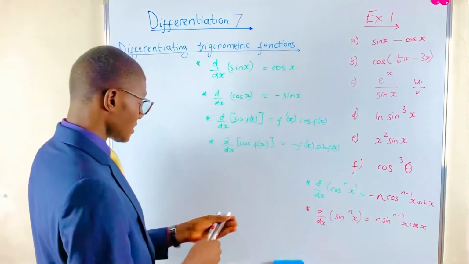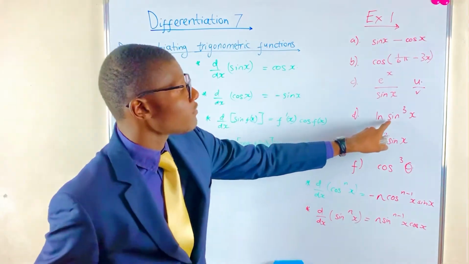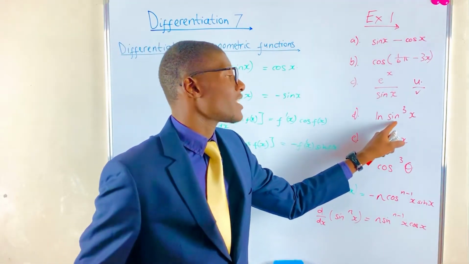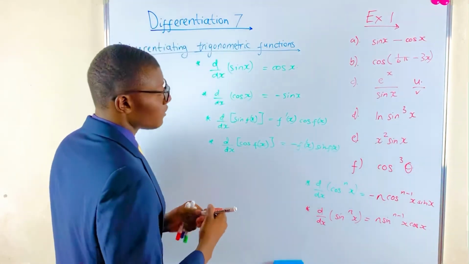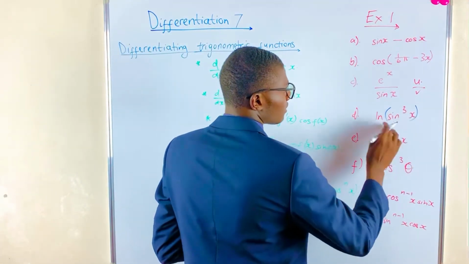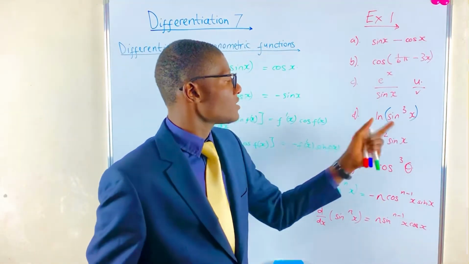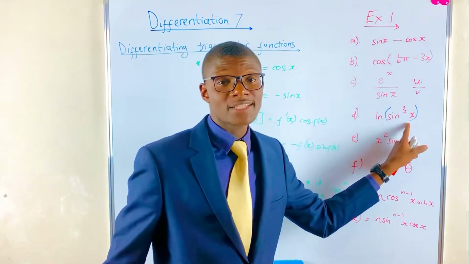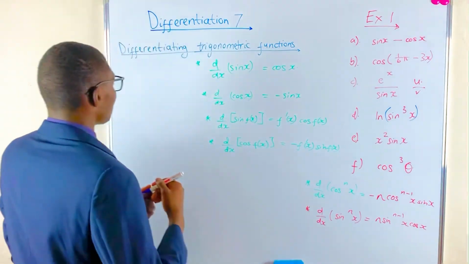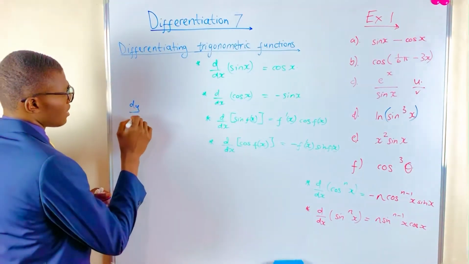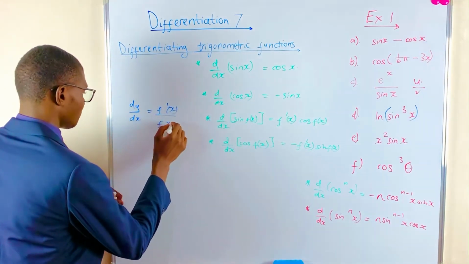So now looking at example D. We want to differentiate ln of sine to the power of 3 of x. This is a natural logarithm, and we said to differentiate ln of f of x, f of x being sine to the power of 3 of x, we would write dy by dx as f prime x over f of x.